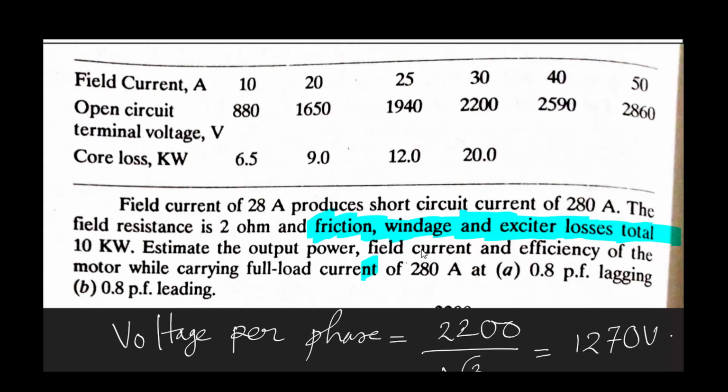Rather, we collect some amount of our AC supply from our machine terminal, whether it's operating in generator mode or in motoring mode. We collect some amount of electrical energy in the form of alternating current energy and convert it into DC.